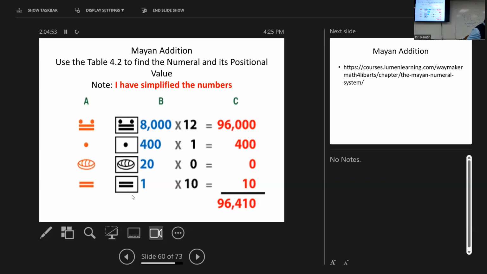That oval shaped thing, what is that? Yeah, from the table. When you have only 1 dot, 1. When we have 2 bars and 2 dots, 12, because 5 plus 5, 10, and plus 2 1s, 12. Okay, so that's where we get those 12, 1, 0, and 10.